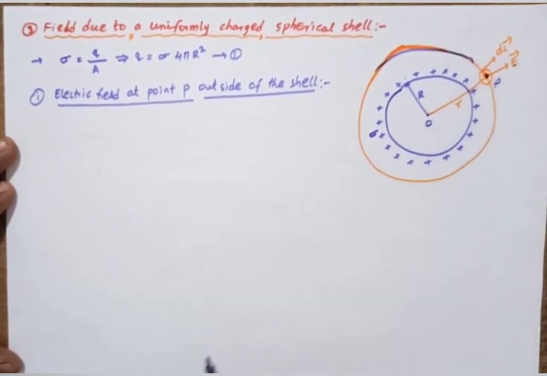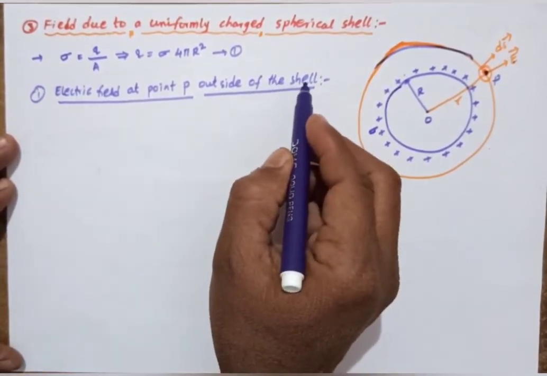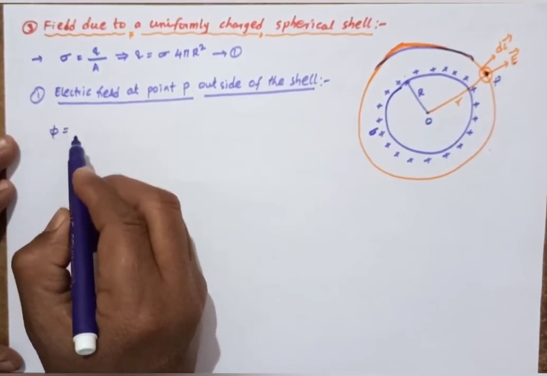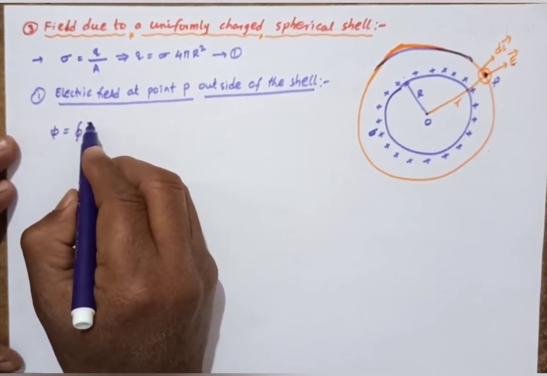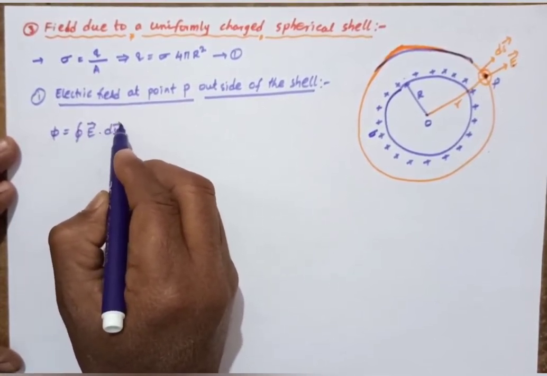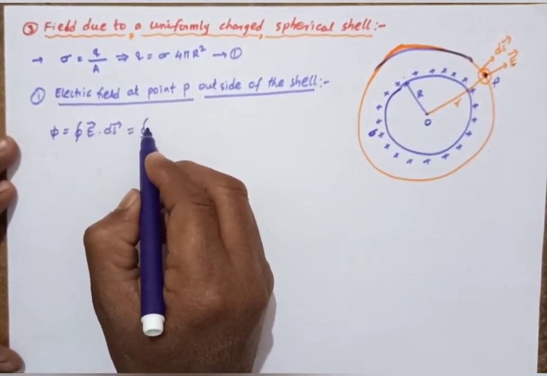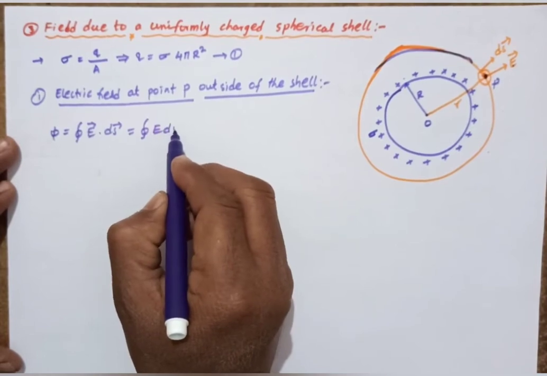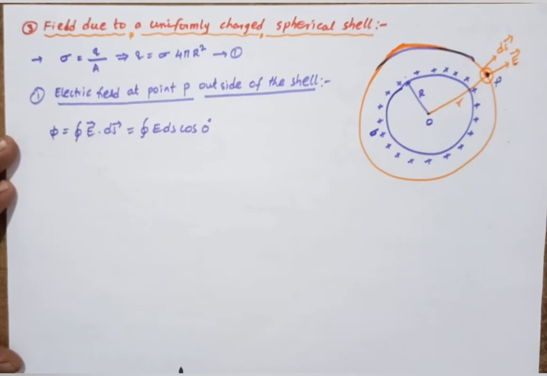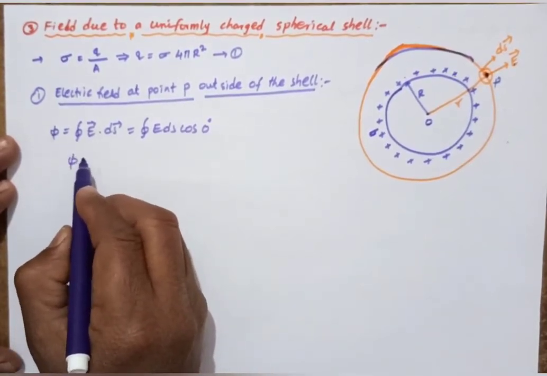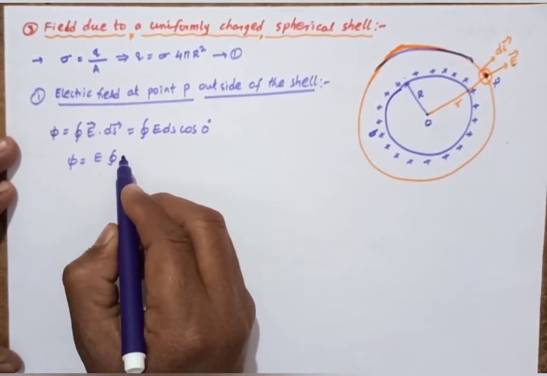Then theta equals 0. So at a point P outside the shell, phi equals the closed integral of E bar dot ds bar, which is the integral of E ds cos 0 degrees, because both are parallel to each other. So phi equals E times the closed integral of ds.